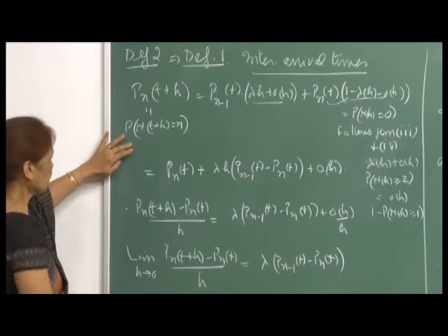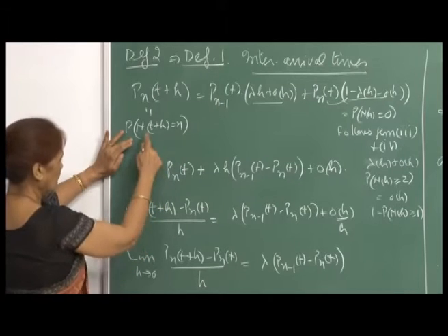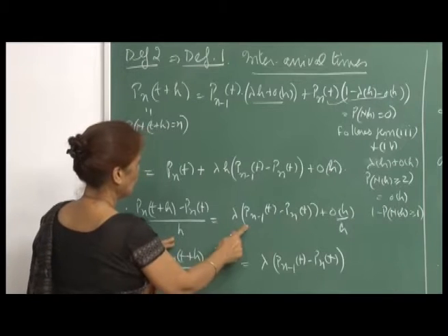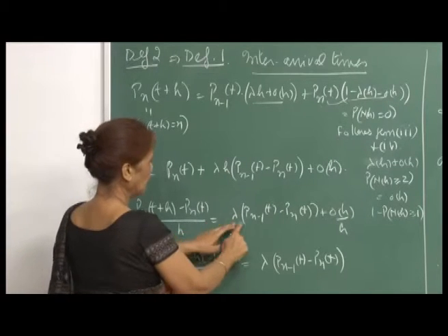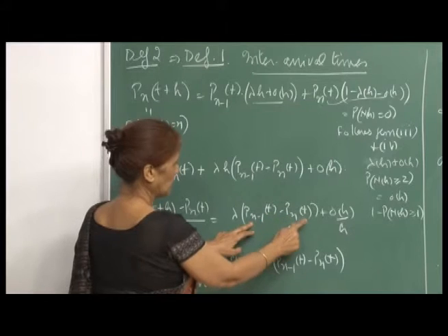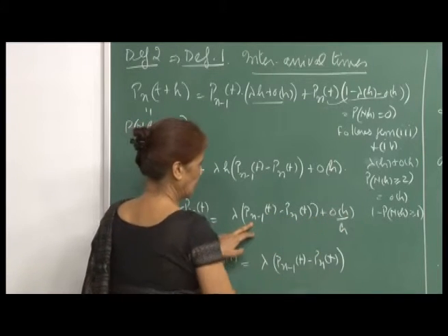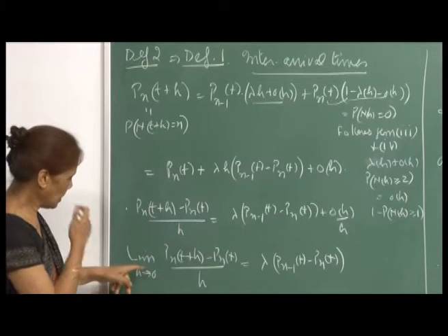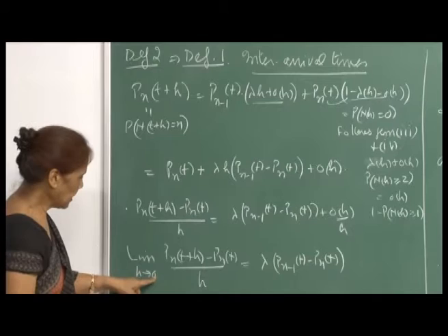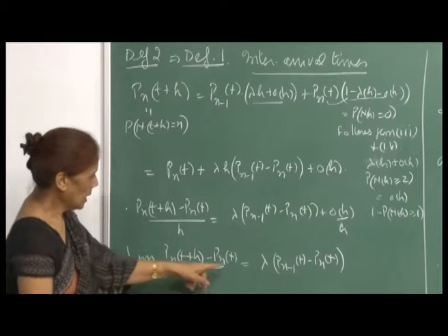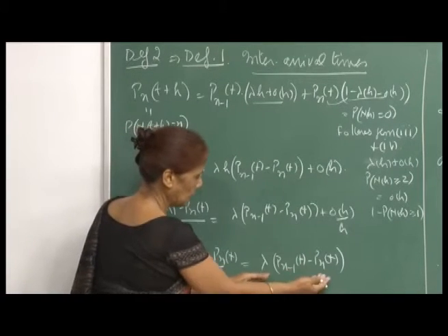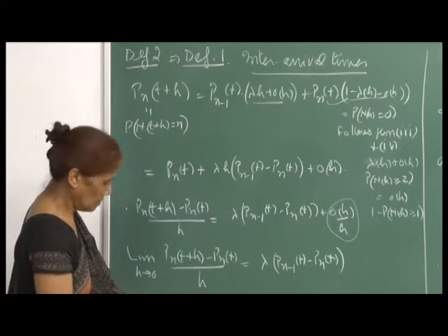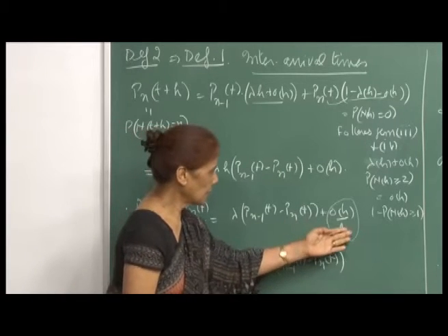Now, just rewrite this. This is P_n(t+h) minus P_n(t), divided by h. So that becomes lambda times P_{n-1}(t) minus P_n(t), plus o(h) upon h. When you take the limit as h goes to 0, this is lambda, independent of h, and o(h) upon h, which we have seen goes to 0, since higher order of h means this limit is going to 0.